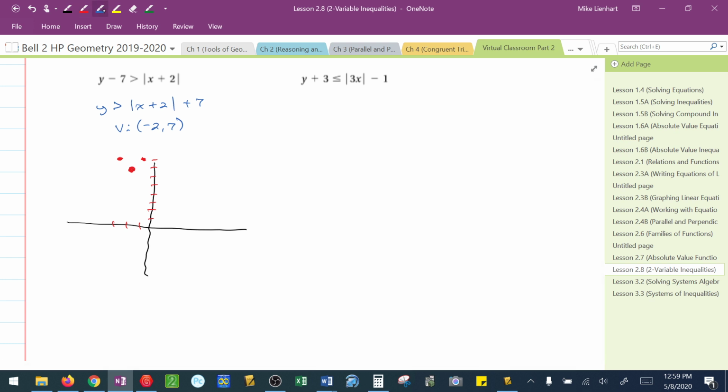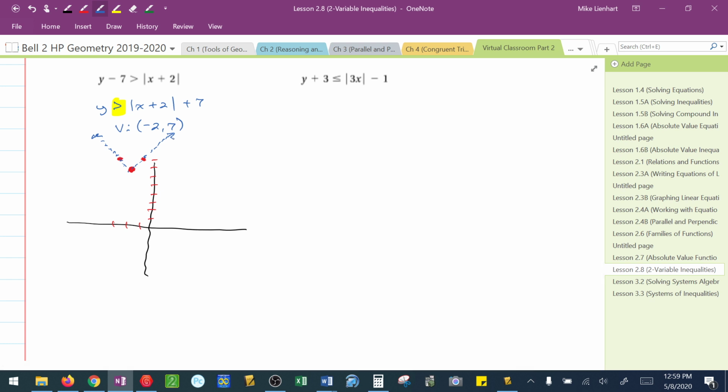Okay? Now, for this particular graph, notice, go back to the inequality. It's a greater than. That means that this absolute value graph should be dashed. And the reason why it should be dashed is points that are on that actual graph are not part of the solution to the inequality.